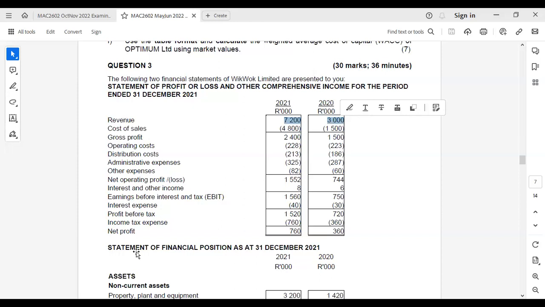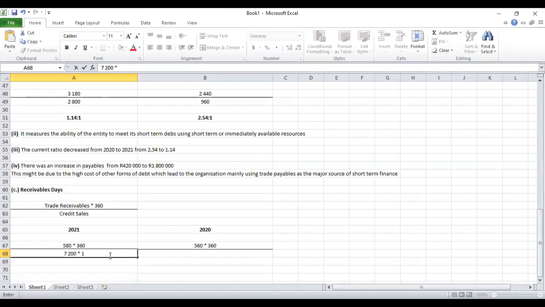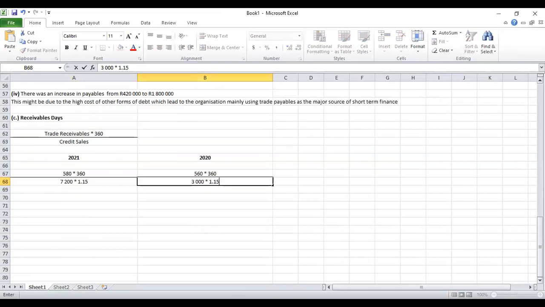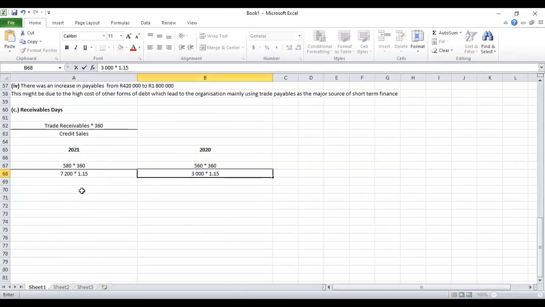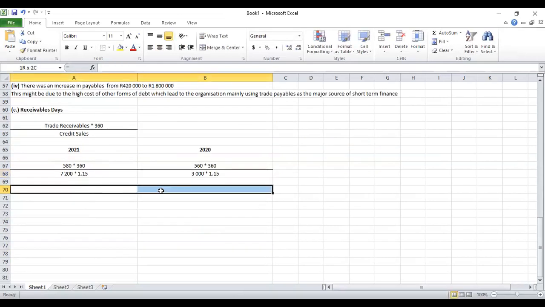So to adjust for VAT, we would say 7,200 times 1.15 to include VAT in the revenue. Always, if they talk about VAT, unless they say the business is not a registered VAT vendor, you don't have to adjust it. We always do this for the trade receivables days and the payable days. Always adjust the bottom part for VAT. Right, what do we get?